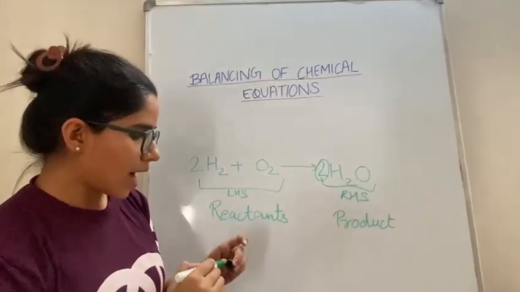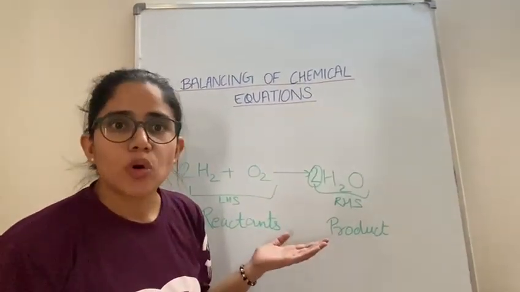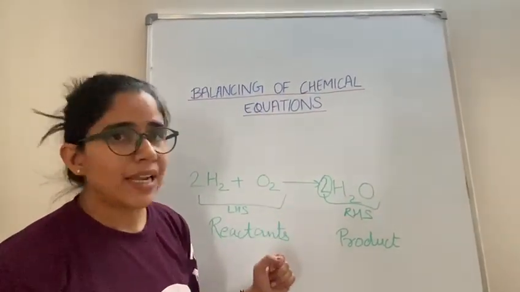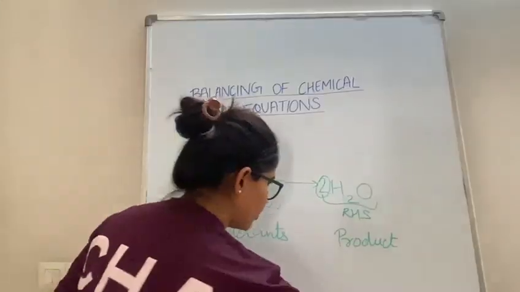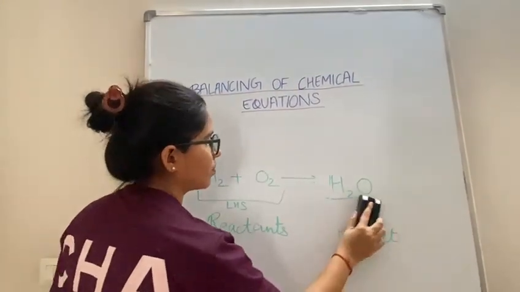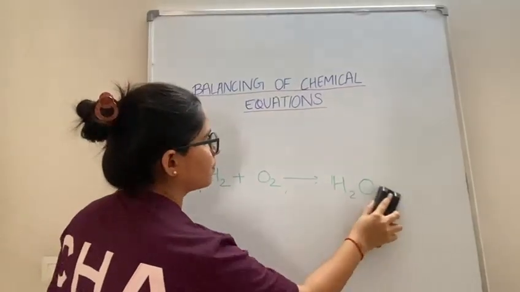Now I will be telling you the basic concept of balancing of chemical equations by taking a very simple example of water. Now I will be teaching you how to balance the equation. I will begin with the formation of water only.